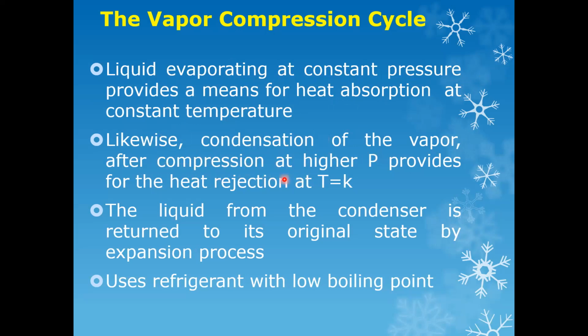So condensation of a vapor after compression at higher pressure provides the heat rejection at constant temperature. The liquid from the condenser is returned to its original state by an expansion process. So replace the turbine by an expander. Use a refrigerant with low boiling point.